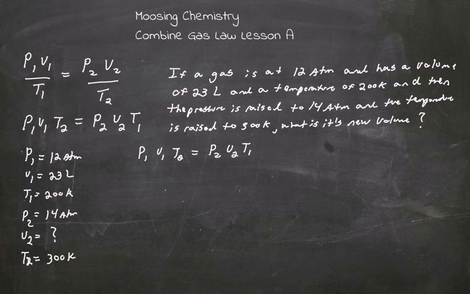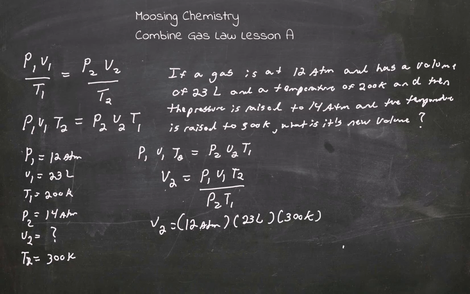So we're going to find V2. So V2 equals P1 V1 T2 over P2 T1. Pretty cool, huh? You can catch yourself making mistakes, and that's all right. We all make mistakes. So we're going to plug these values in.